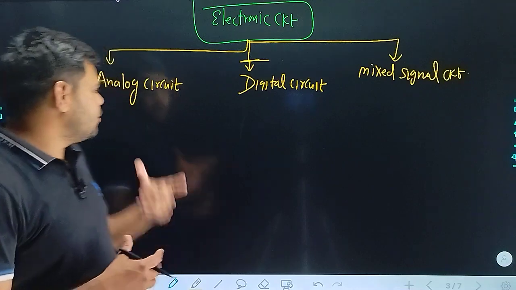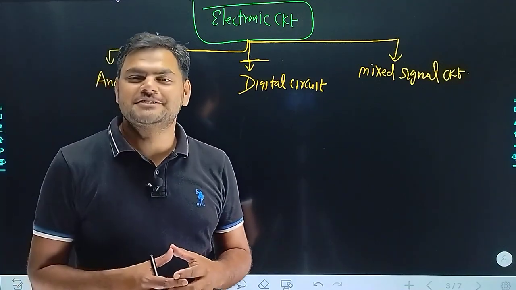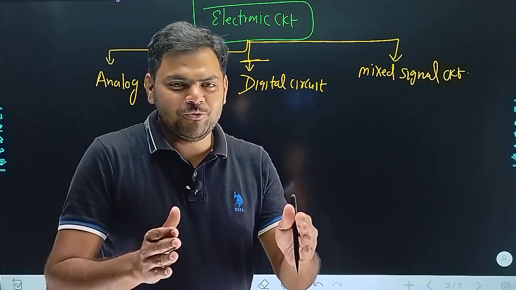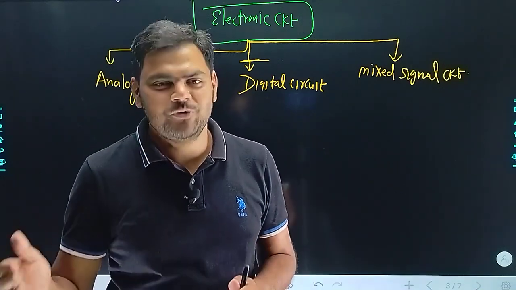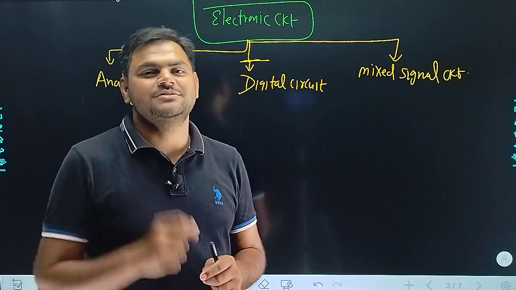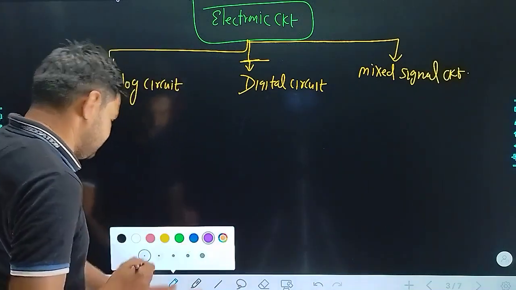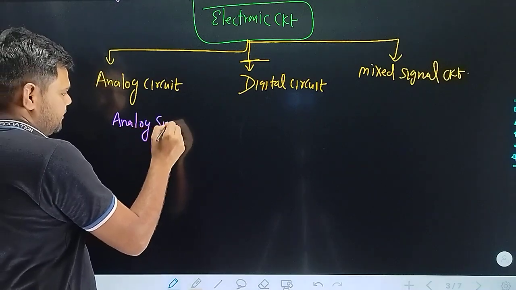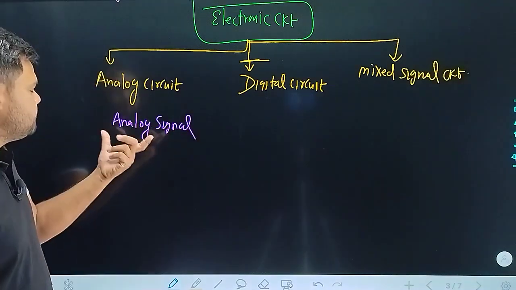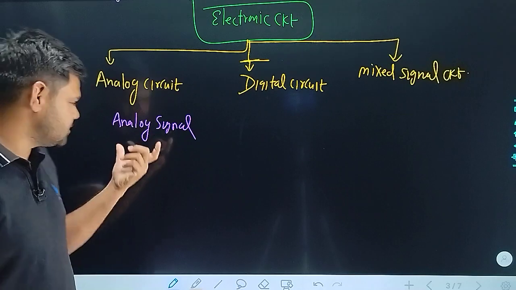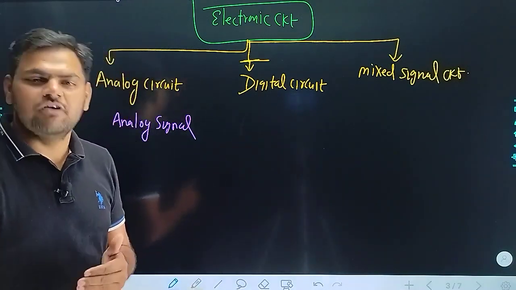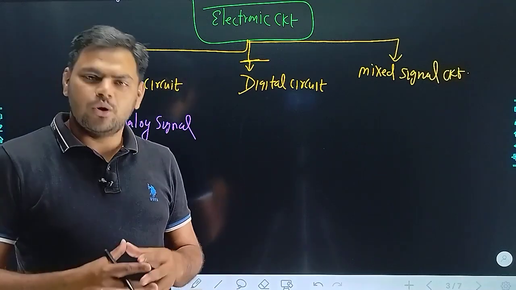Okay, so what is analog circuit? A circuit which can process analog signal, which means a circuit whose input is analog signal and whose output is analog signal is called analog circuit. You may write this point. I'm just simply writing one line, analog signal. What you will write? You may write it, first point right here. A circuit which can process analog signal, or a circuit whose input and output are in the form of analog signals is called analog circuit.